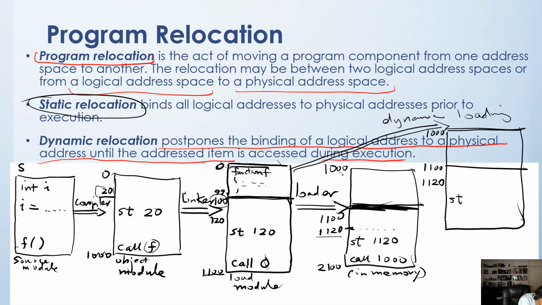Because it's dynamic loading, during the load time we don't change the corresponding address. It still stays that way. And the call function, we still call 0. We don't call 1000. We don't decide where the function is eventually located in the actual physical memory until we actually run this code.